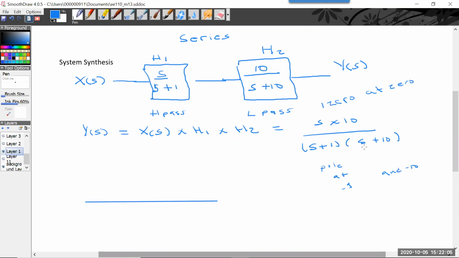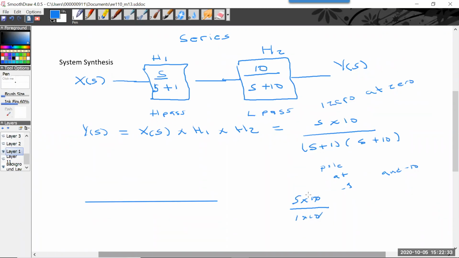All right. So when omega is a lot less than 10 and a lot less than 1, this will reduce to S times 10 over 1 times 10.